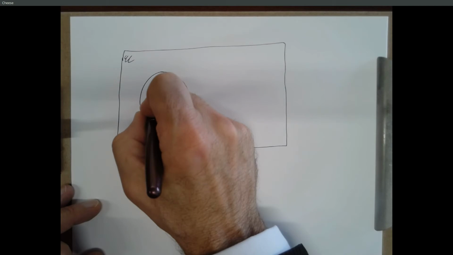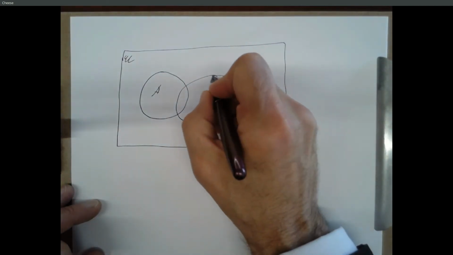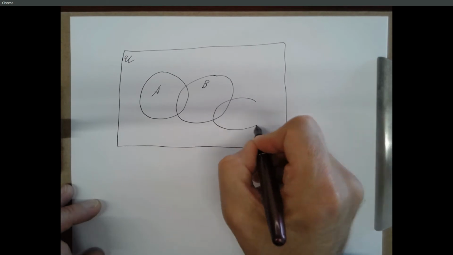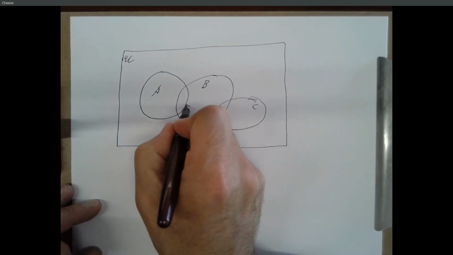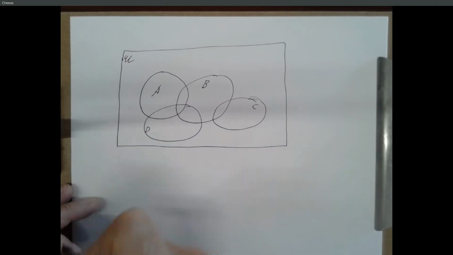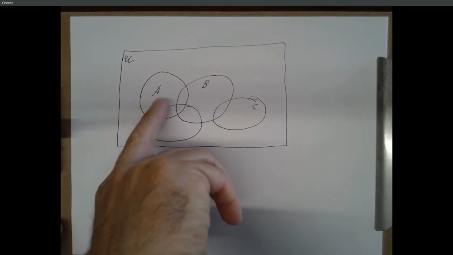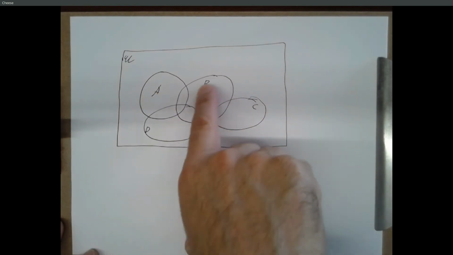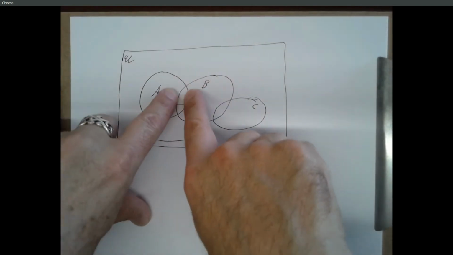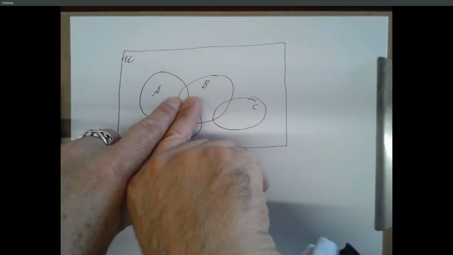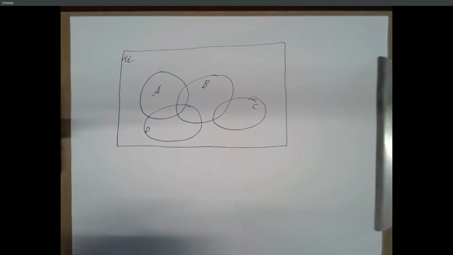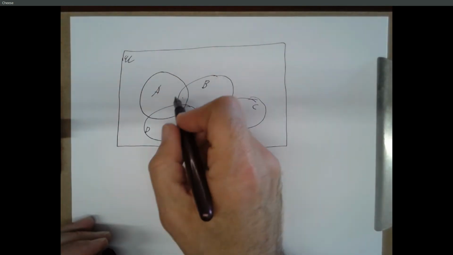So here's a set A, here's a set B, here's a set C, and maybe here's a set D. And we imagine there's little elements scattered throughout this universal box, right? A set contains an element if its corresponding circle includes that dot. So all the things inside here are elements of A, all the things in here are elements of B. Things that are in this little funny shape where A and B overlap, those are in both A and B, right? If there's a point right here, well, it's inside the set A, it's also inside the set B.